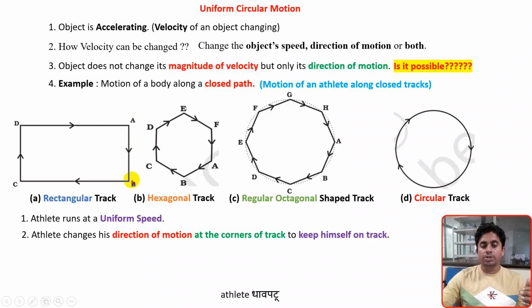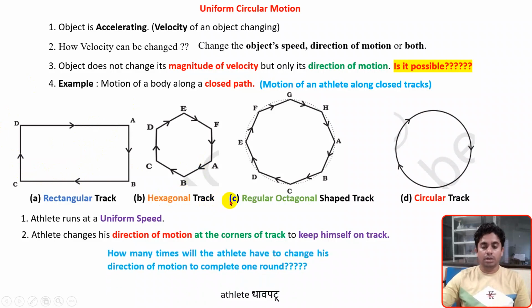But once he reaches corner B, to move further he needs to change direction, right? So whenever the athlete comes to a corner, to stay on the track, he will change his direction of motion. That is obvious. So these are the two basic assumptions.